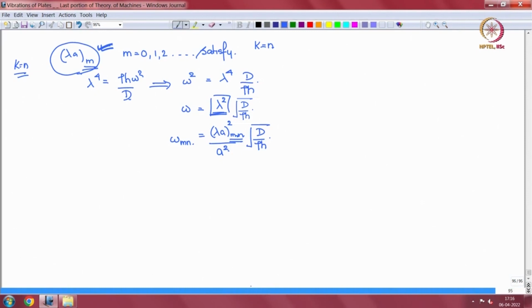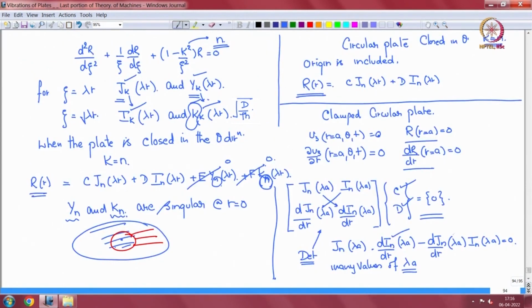Okay. Now we don't like to keep derivatives in our equations, so we use identities. We have derivatives over here which we don't like.